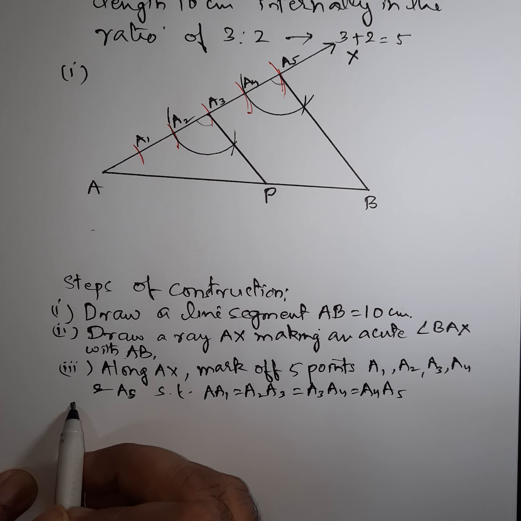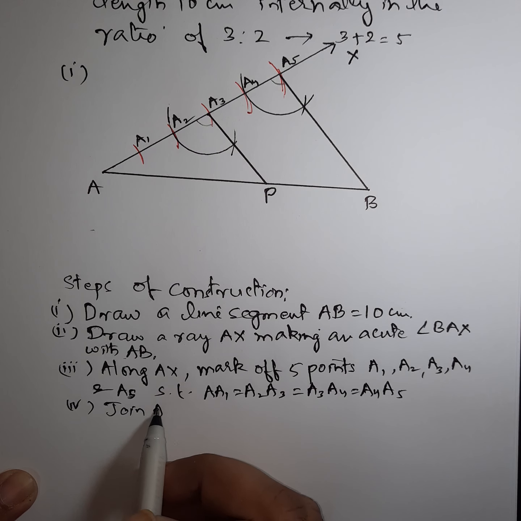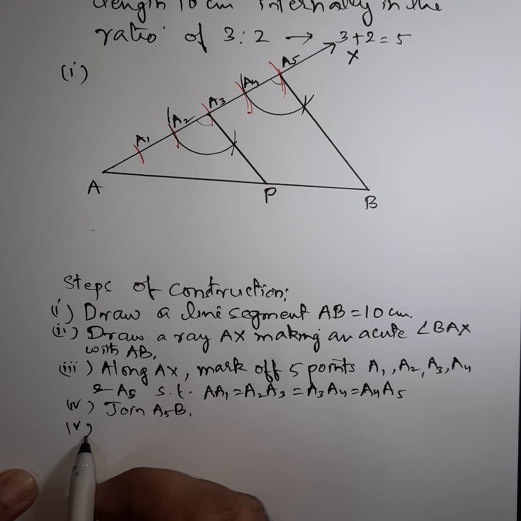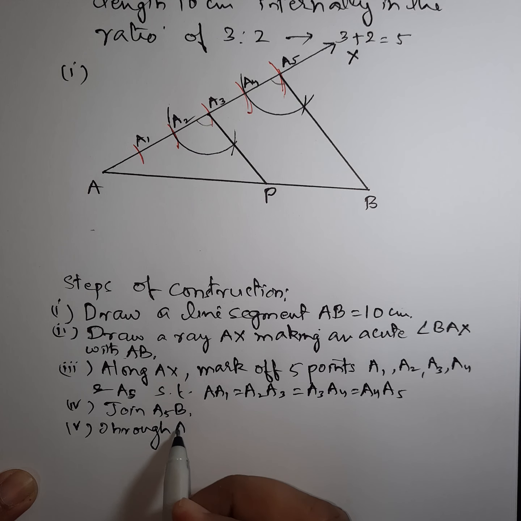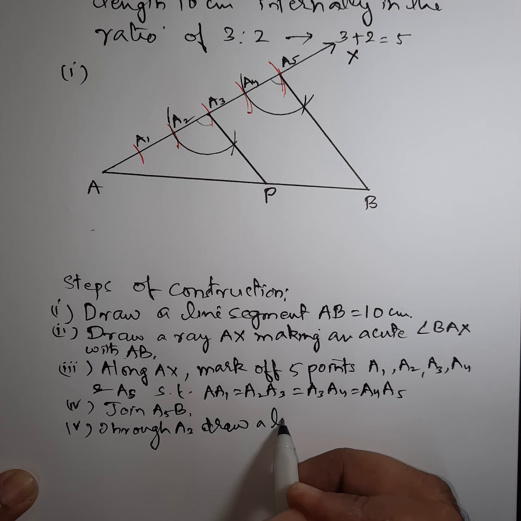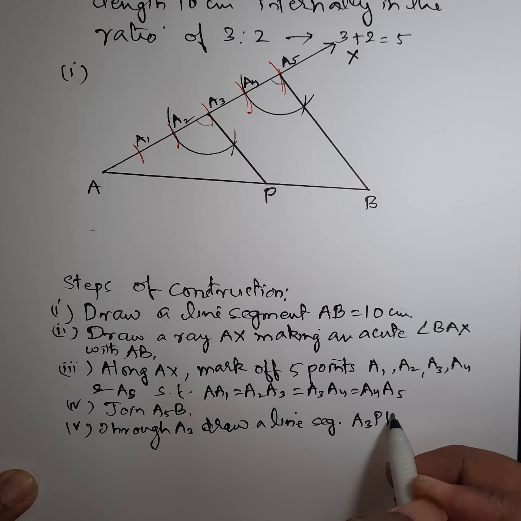And the fourth step, we joined A5B, and the fifth step that we have already done: through A3 draw a line segment A3P which is parallel to A5B.